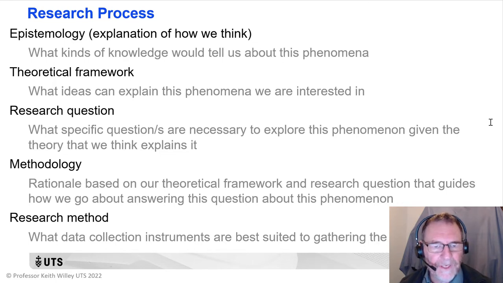Our methodology is the rationale based on our theoretical framework and research question that guides how we go about answering this question about this phenomenon. And then we have our research method. What data collection instruments are best suited to gathering the evidence we need in investigating this phenomenon?